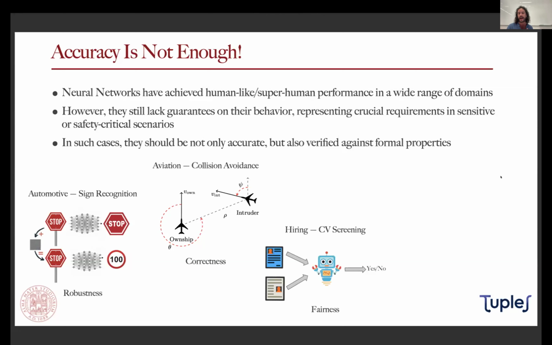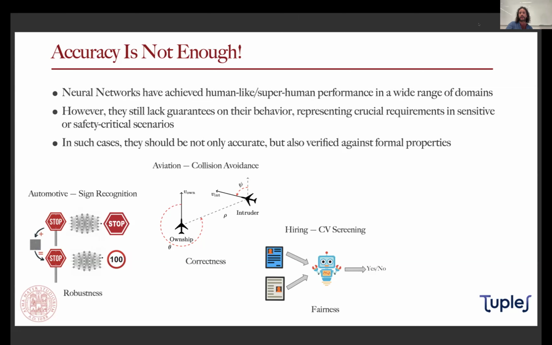Let's consider the hiring application, where you have a neural network that does CV screening, okay? Here your system decides whether a candidate is eligible or not for a job, and here, rather than safety or robustness, you would like to enforce some fairness, for example.